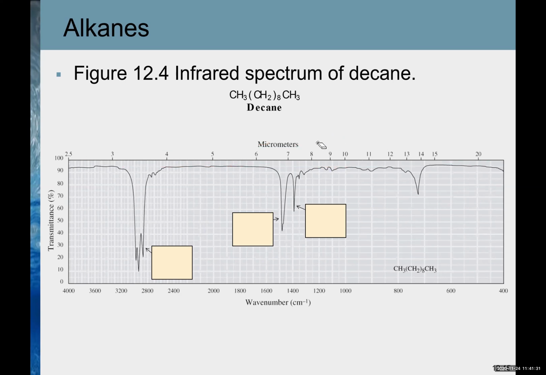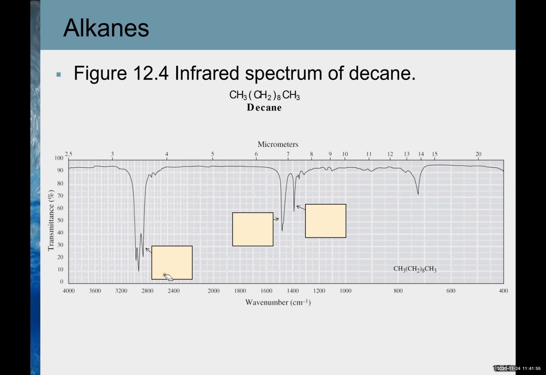Okay. So in alkanes, the infrared spectrum is one of the cleanest spectra. It means it will have the minimum amount of peaks. There will be very few prominent peaks. The most prominent peak you will get will be at around 2800 to 3000.